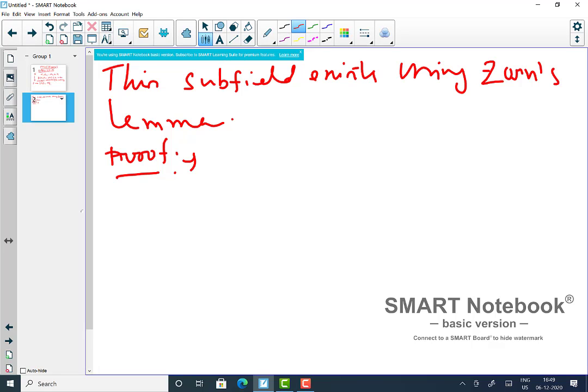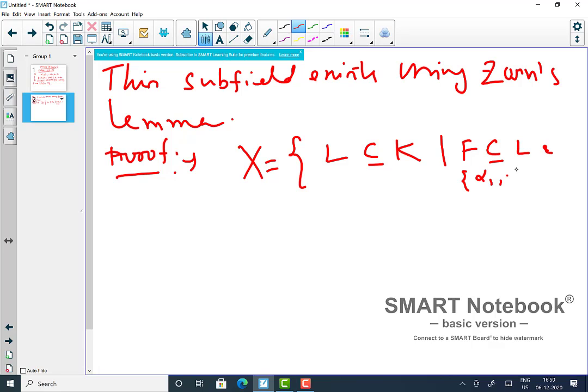For example, let your set X be all subfields L of K such that F is a subset of L, and this set alpha 1, alpha 2, alpha n is also a subset of L. You collect all the subfields containing these.